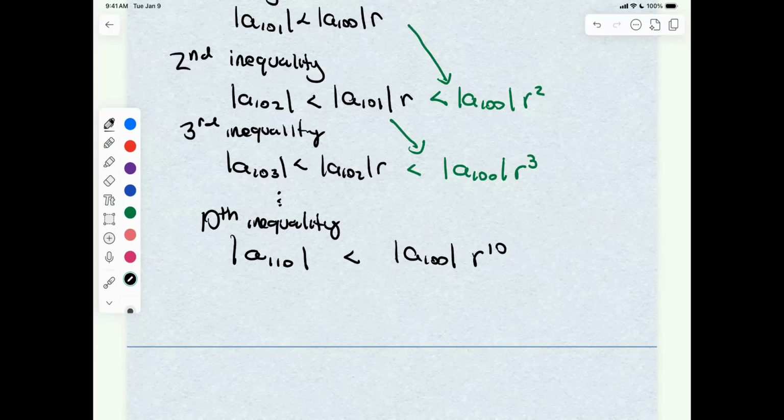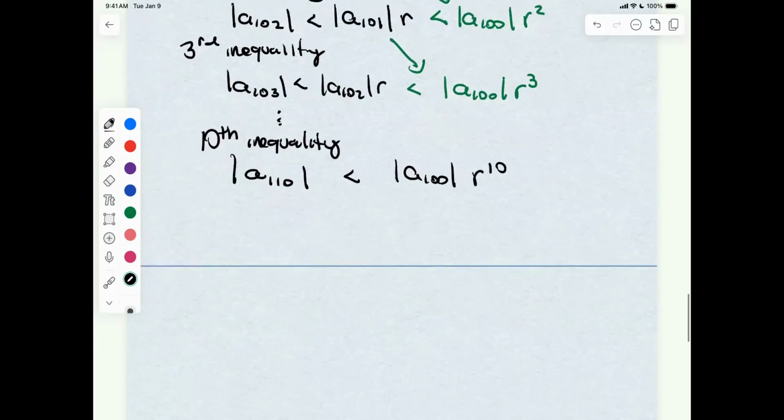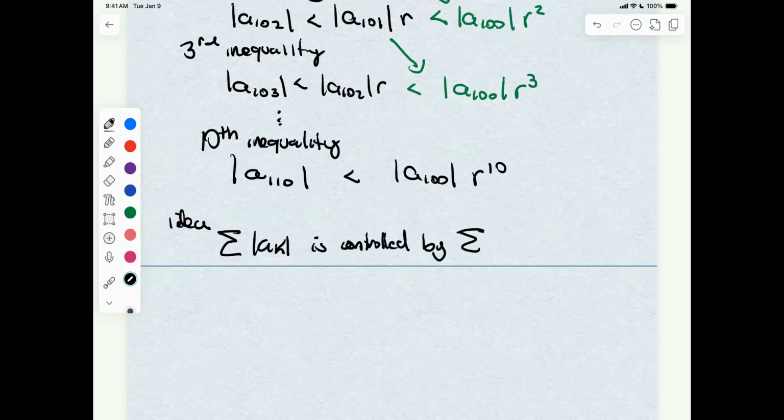What I'm trying to show you is that all the terms are being bounded by a geometric quantity, right? They're just being bounded by R to something. Again, I don't want to focus too much on the proof, but I wanted to give you a sense of how it works. The idea is that the series of the terms is really controlled by A of 100 times R to the K. This A of 100 is just a constant, it doesn't really matter.